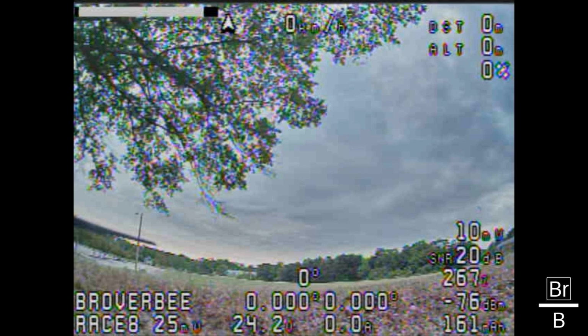The main thing that I want to talk about in this video is found in the right-hand lower corner of this image. And so you'll see 10 milliwatt. That is your transmitter power output. You'll see this SNR 20 dB. This is the ratio of the signal from the transmitter to the noise floor, and 20 dB is quite good.